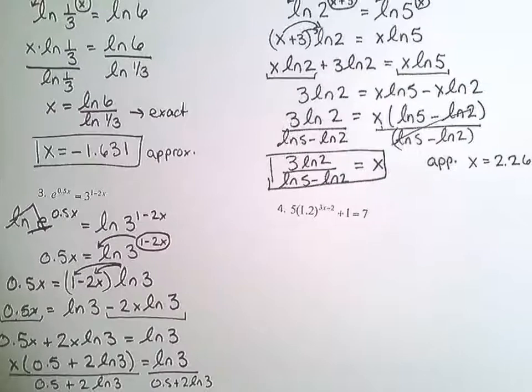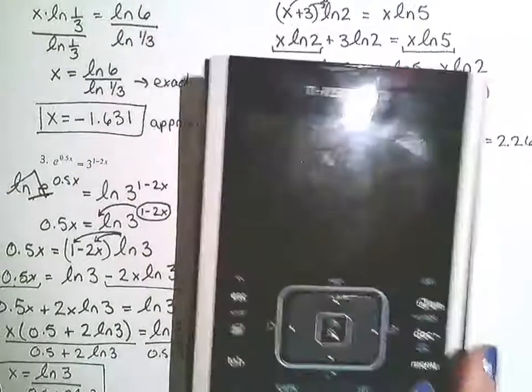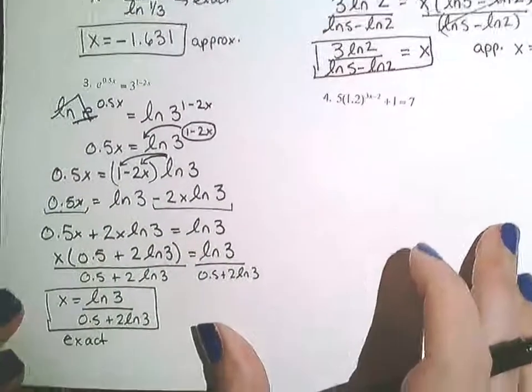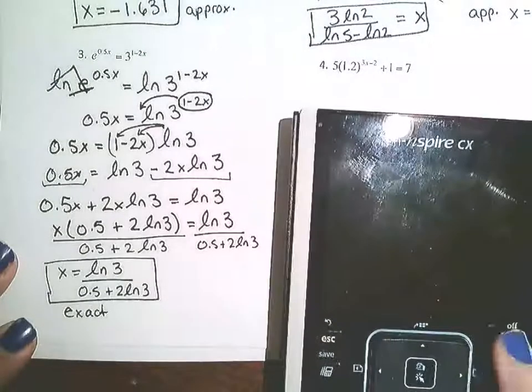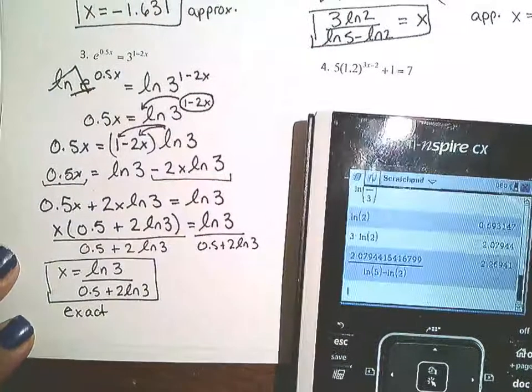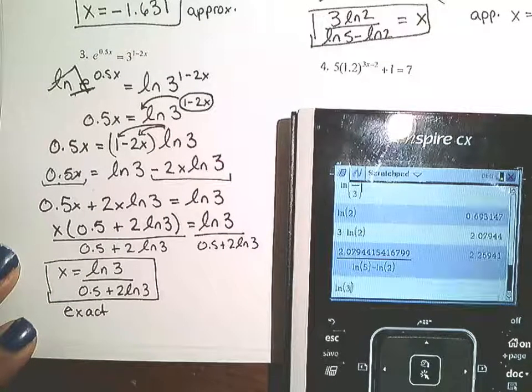And now to find the approximate, I'm going to use my calc. Oops, sorry. Forget that. I zoomed in a little bit so you guys can't see the whole entire thing. So in my calculator, I'm going to plug in ln of 3.